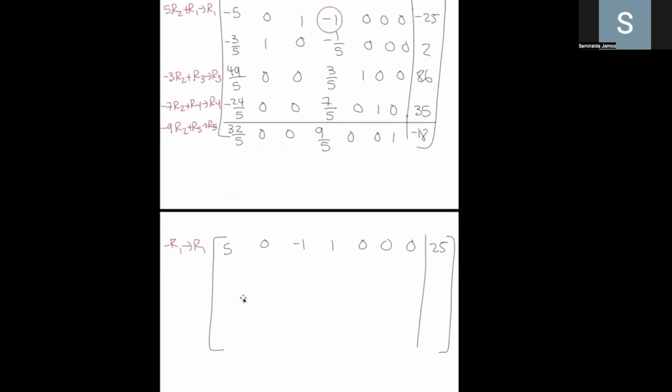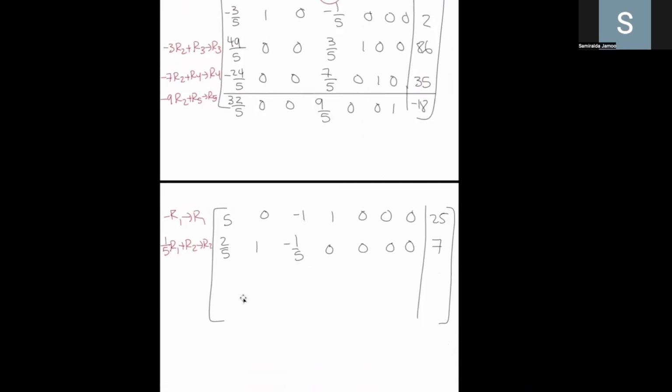Okay, now let's turn everything underneath it into zeros. Multiply by 1 over 5, row 1 plus row 2 in row 2. We get 2 over 5, 1, negative 1 over 5, 0, 0, 0, 0, 7.